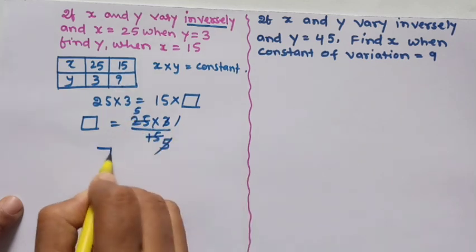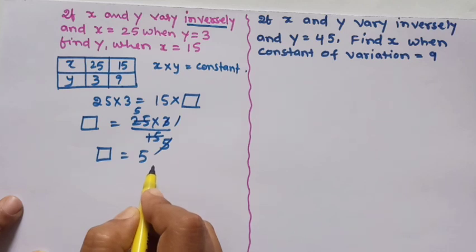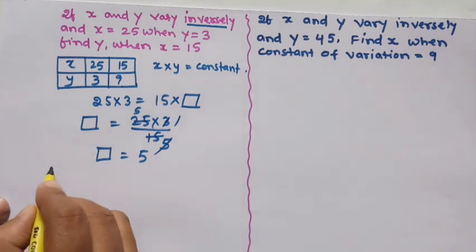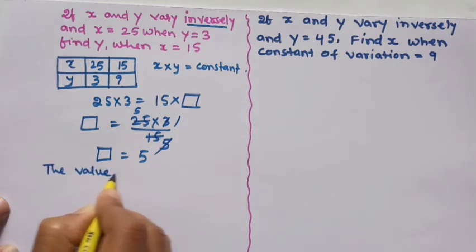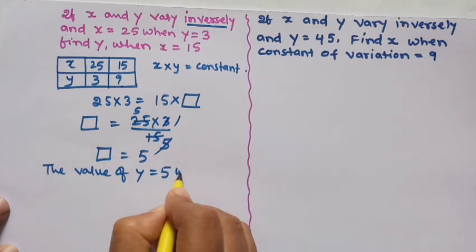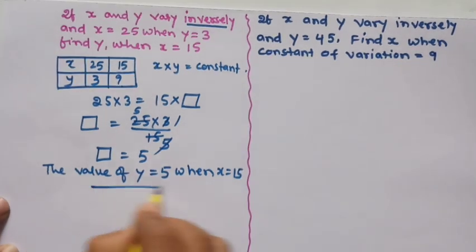So your unknown number is how much? It is equal to 5. So what can you say? The value of y is equal to 5 when x is equal to 15.